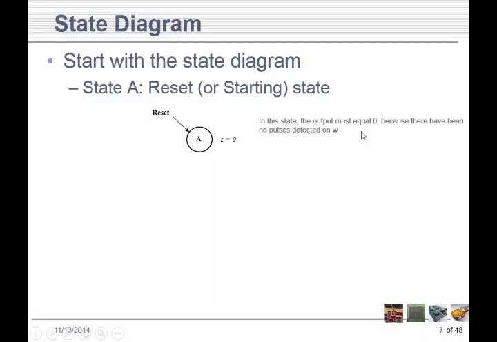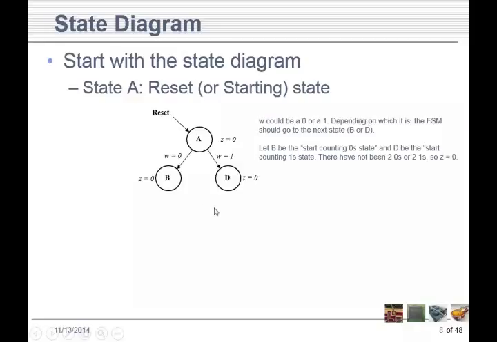The next state, I know this one's output is 0, and again, it looks like I'm starting with a Moore machine because I'm associating this output with the state. But because there's been no pulses as of yet, we may as well say the output Z is 0. So I can go two ways here.